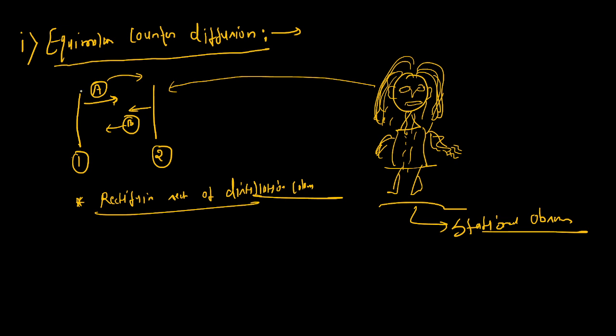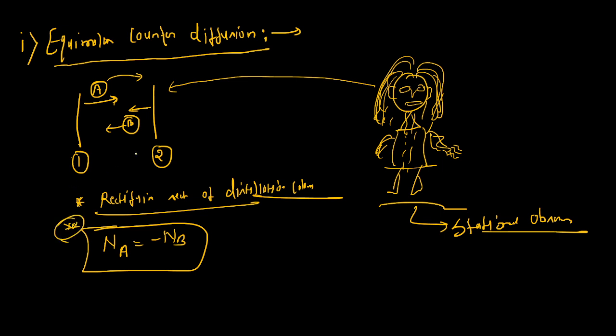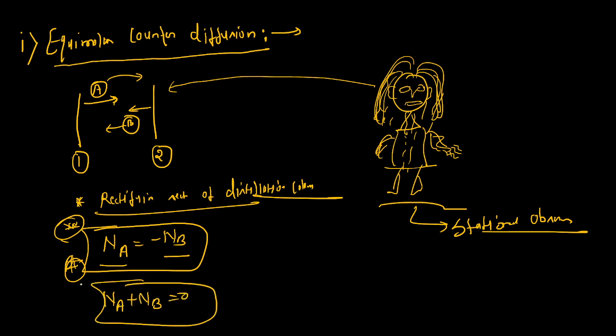Equal numbers of A and B move in opposite directions, so can I write Na is equal to minus Nb? This is the phenomenon stated in words. To make it a mathematical formula, we write Na equals minus Nb, so Na plus Nb equals 0. Are you getting it or not?